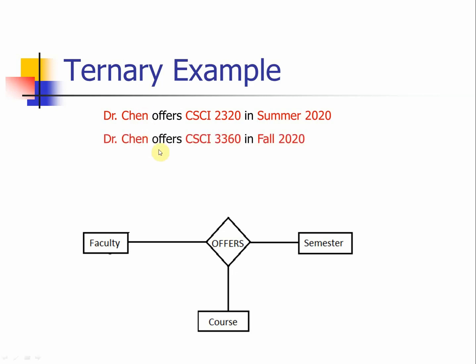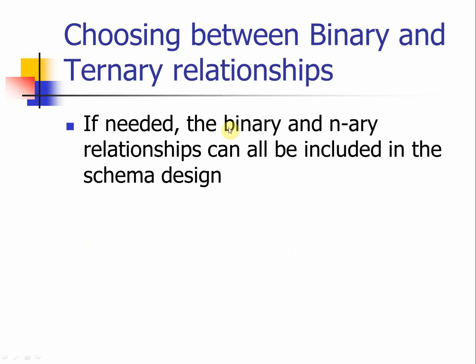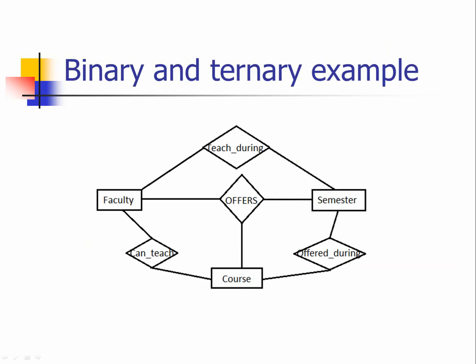So you can see that I can say offer CSCI 2320 in summer 2020. I offer database in fall 2020. And without this ternary relationship, I won't be able to present the 3 things in the information. If needed, the binary and unary relationships can all be included in a schema diagram, which is something you can see like this.